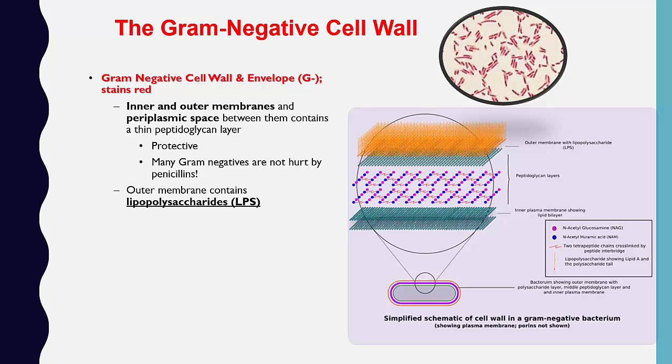Okay? Now, in addition to being protective and freakish, this outer membrane has a chemical substance known as lipopolysaccharide, or LPS. Only gram-negatives have LPS. This is medically significant. It is an ID tag. It's an antigen like teichoic acid, but teichoic acid is gram-positives.